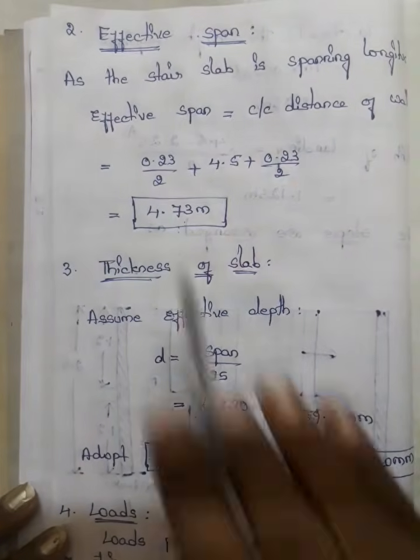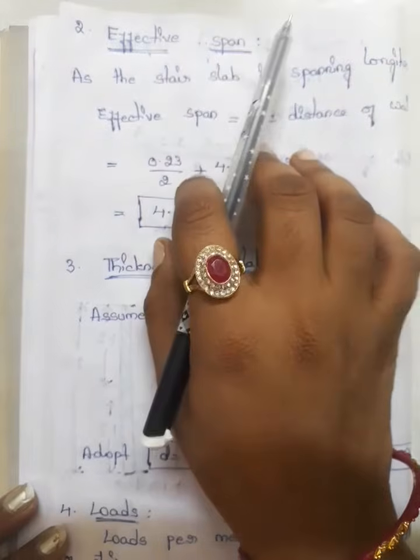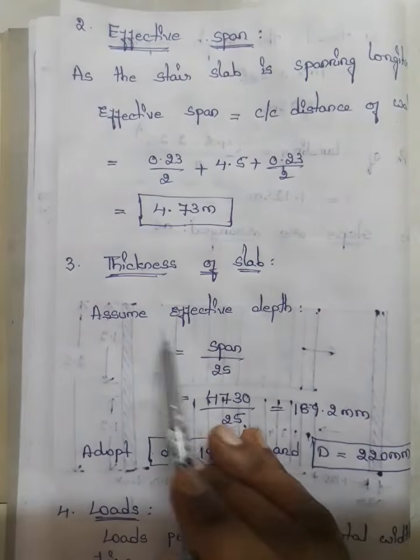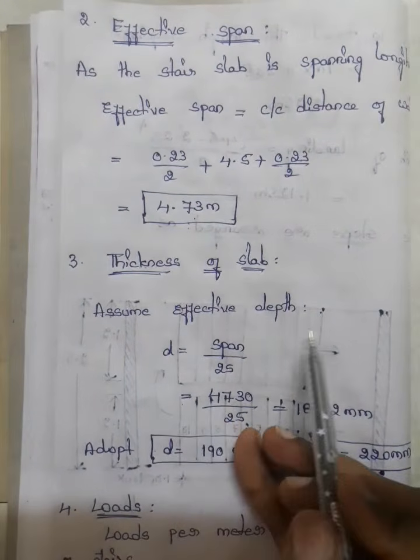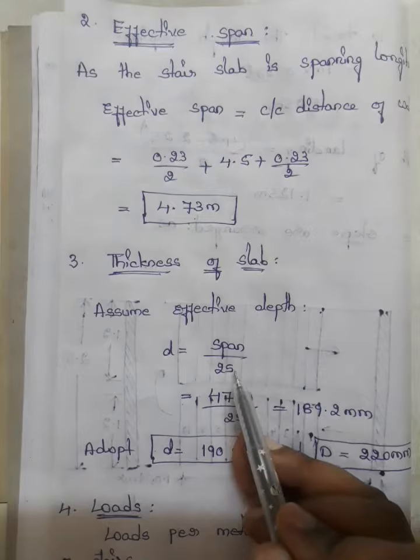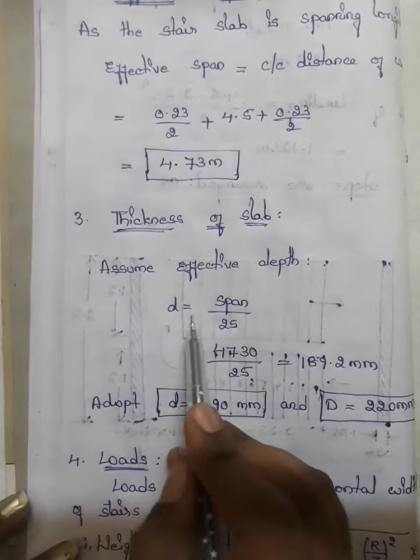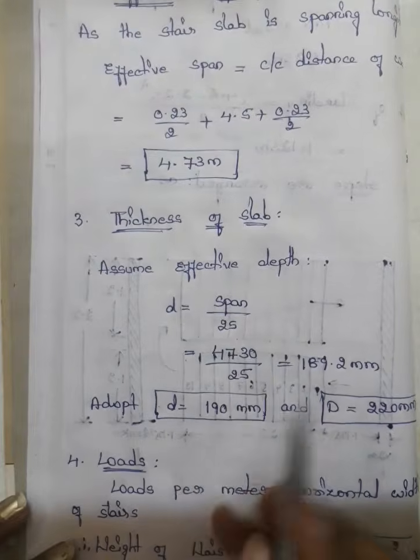So now the thickness of slab. What is the thickness of slab? We have calculated the effective span, so now we need to calculate the thickness of slab. We can assume the effective depth as span by 20 to 25. So you can take D equal to span by 25.